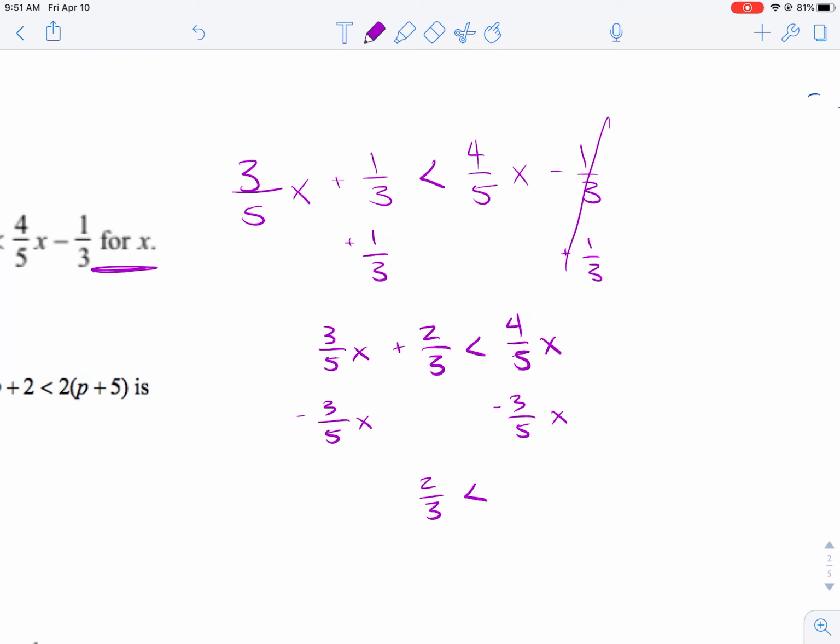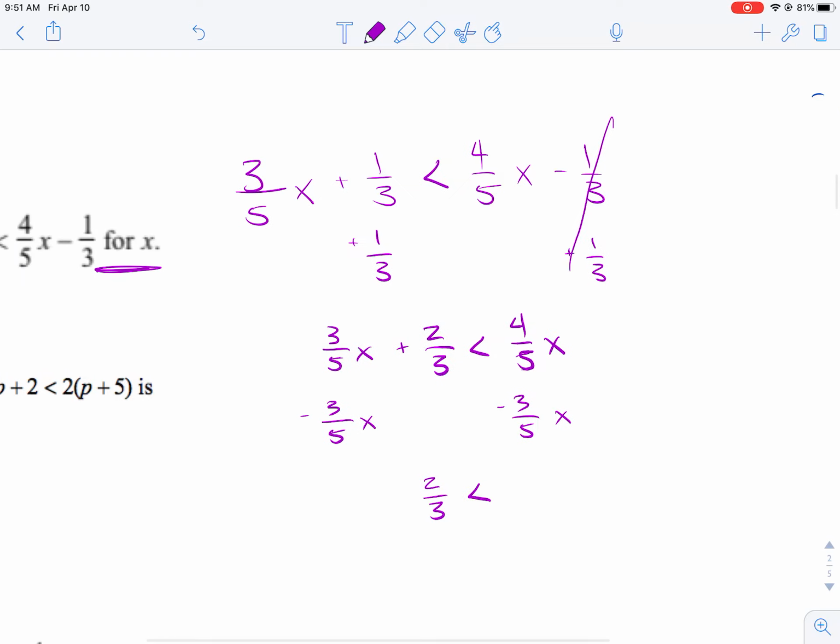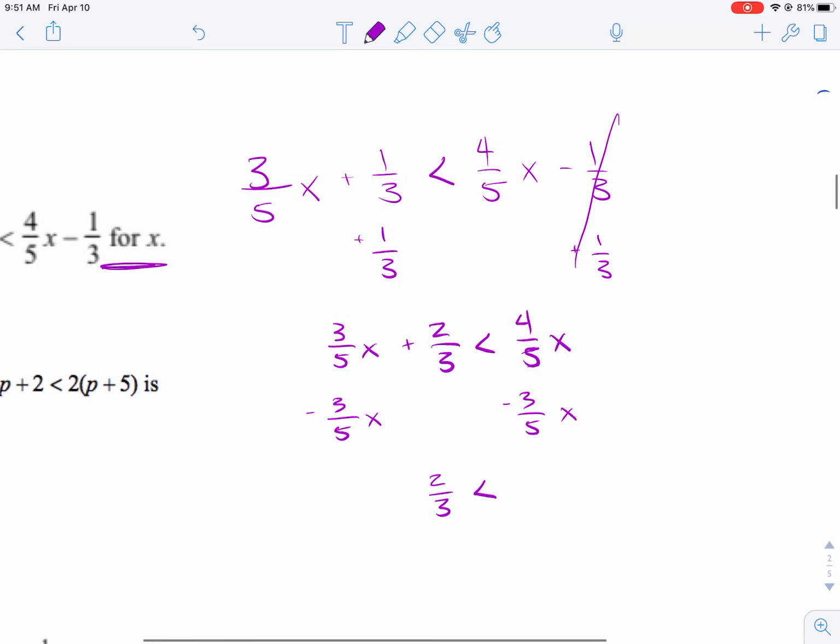Now our next step is you're going to bring 3/5 x over to the other side. So now we have 2/3 is less than, and then 4/5 minus 3/5 will give us 1/5 x.